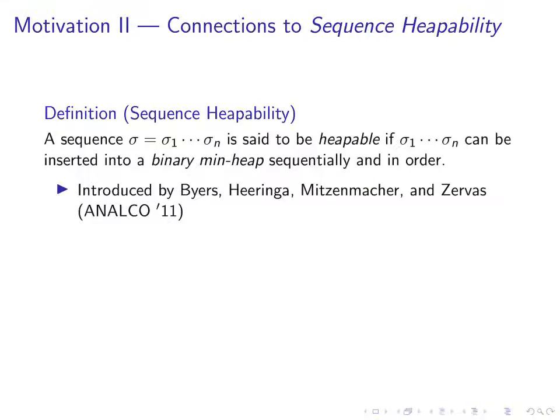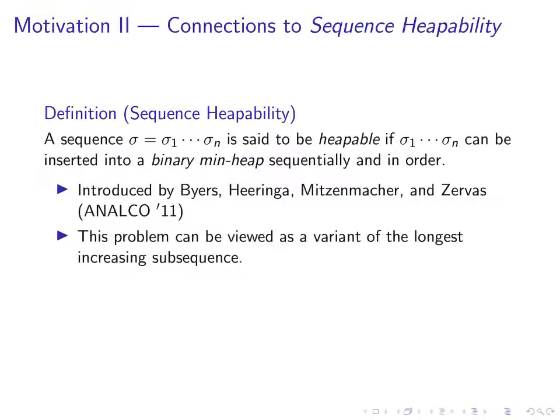The second motivation is the connection to sequence heapability. We say that a sequence is heapable if the entries can be inserted into a binary min heap sequentially and in order. This problem was first introduced by Byers et al. And this problem can be viewed as a variant of the longest increasing subsequence problem.